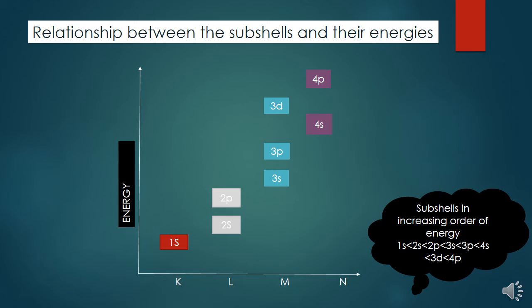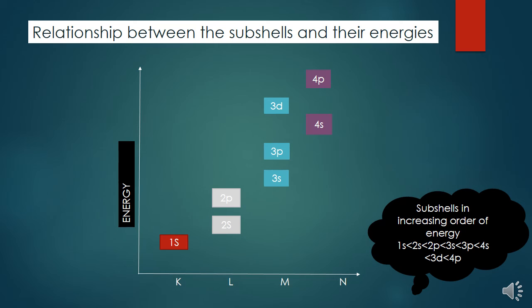So the subshell electronic configuration in increasing order of their energy is, look at the picture and you can find it. The lowest energy level is 1s, then 2s, then 2p, 2p less than 3s, less than 3p. Then here is the peculiarity. After 3p there is no 3d.